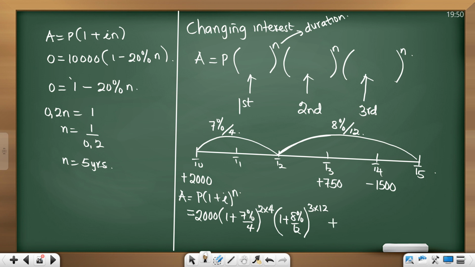Plus. Go to the third year. We deposited what? 750. 1 plus. Now, how many years? 2 years. Under which interest? 8% over 12. For 2 years, right? 2 times 12. That's making sense. Now, what did we do in the fourth year? Minus.